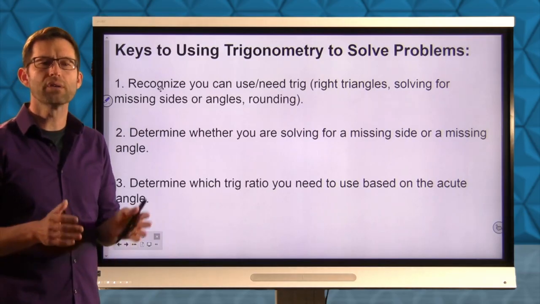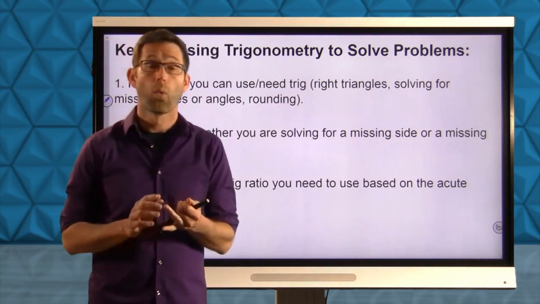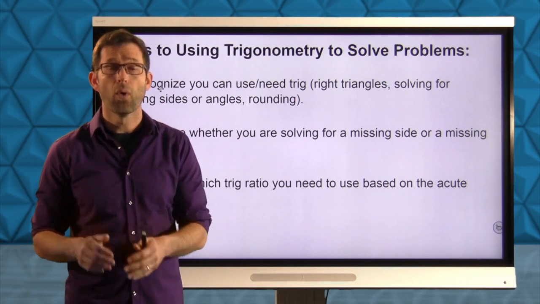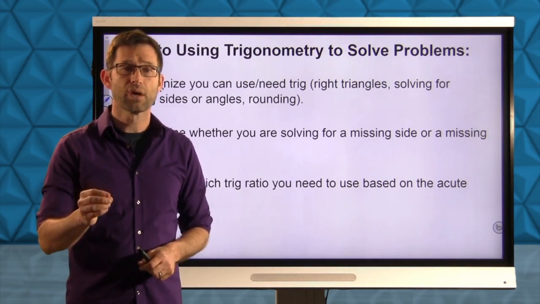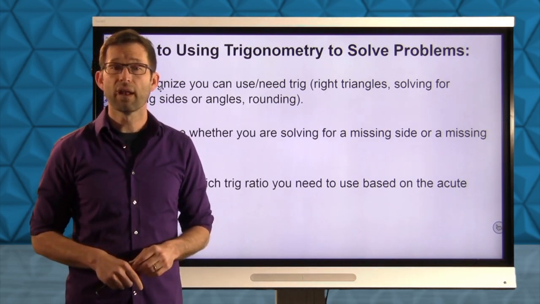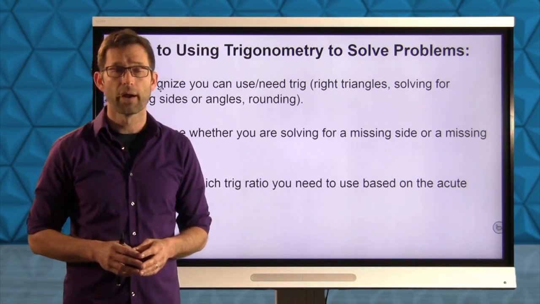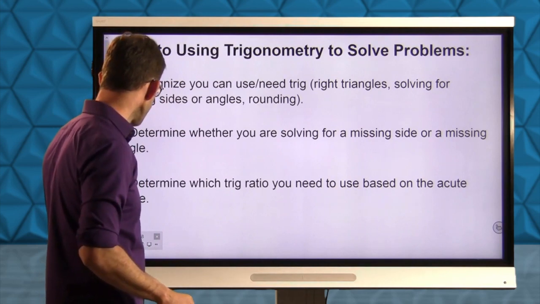And that's always about looking at the angle that you either know or that you're trying to solve for, and the sides that you either know or that you're trying to solve for, and then picking either the sine, the cosine, or the tangent ratio to get the job done. Sometimes you'll even have to use more than one trig ratio in a problem to work through it, and we'll see that in today's lesson. So let's get right into some problems.